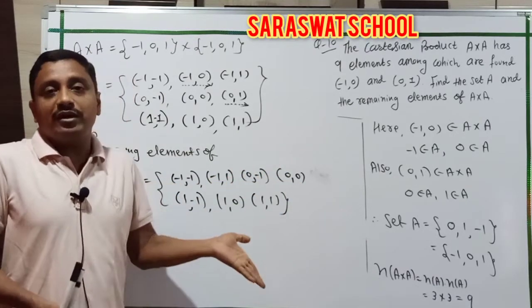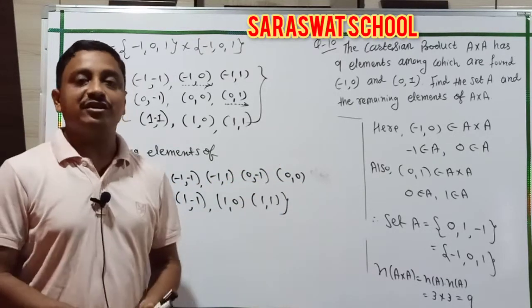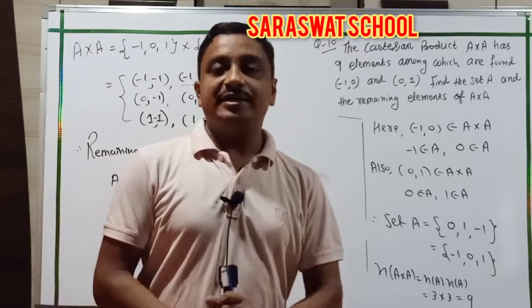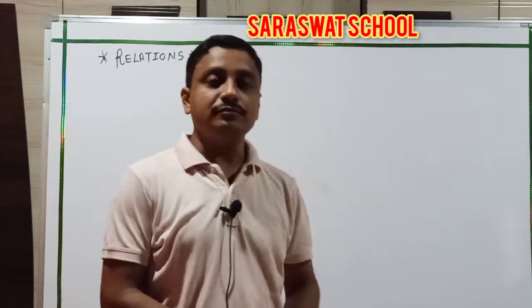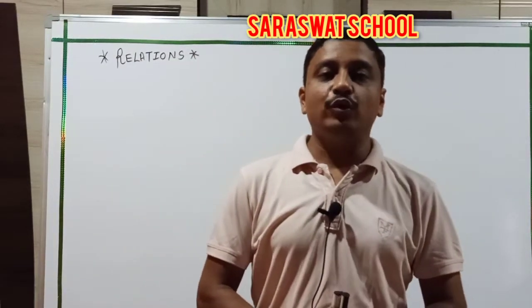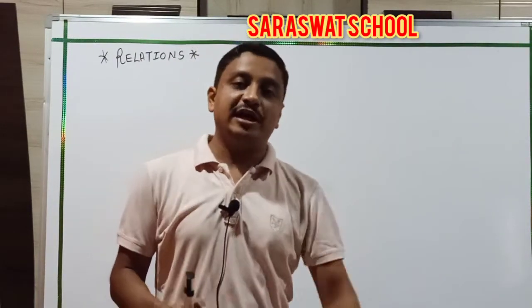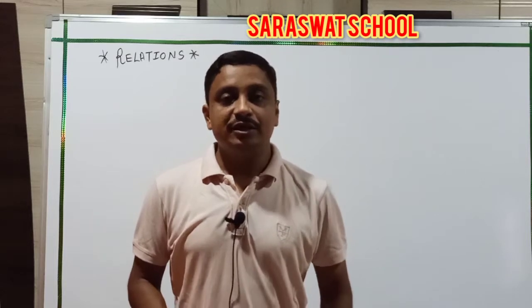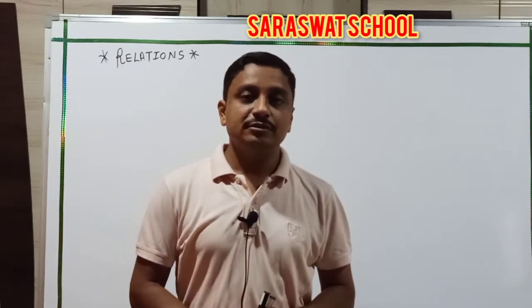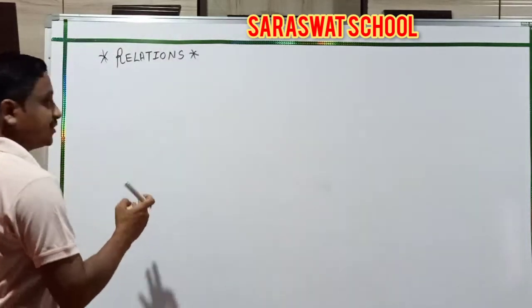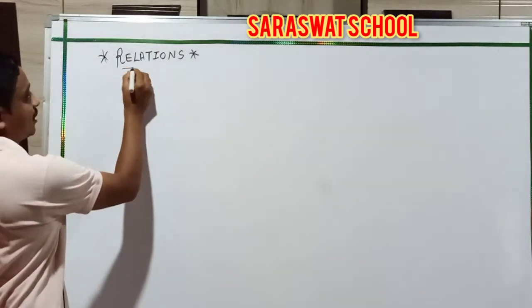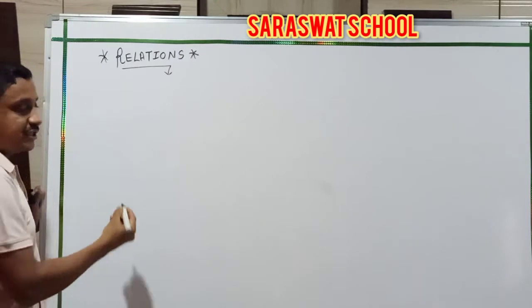And this is over. Now students, after your Cartesian products, I start the relation and function definitions. Now students, I am going to a chapter with a new heading after Cartesian products: relations and functions. So in relations, students, first of all I show the definition of relations.